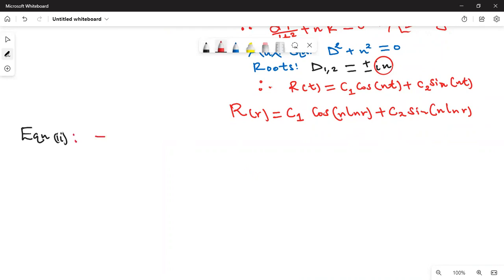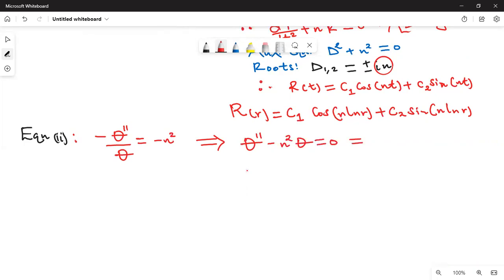It is negative theta double prime over theta equals negative n squared. If you arrange this equation, we cross multiply by theta, then take everything to the right-hand side. We get theta double prime minus n squared theta is equal to 0.